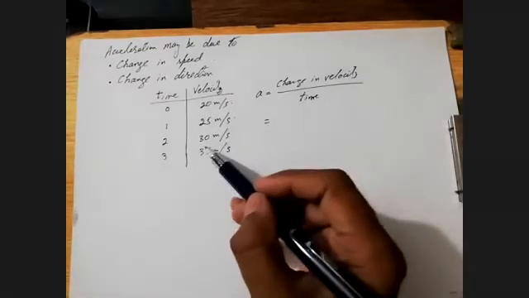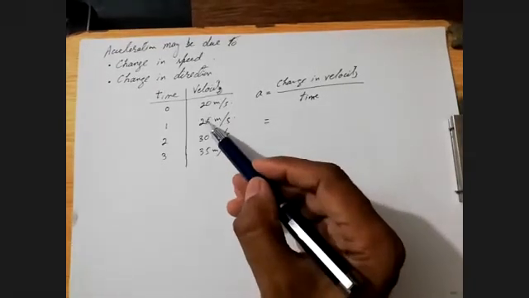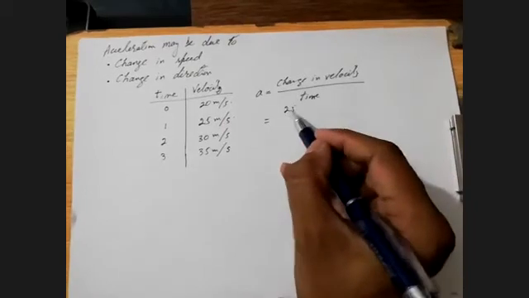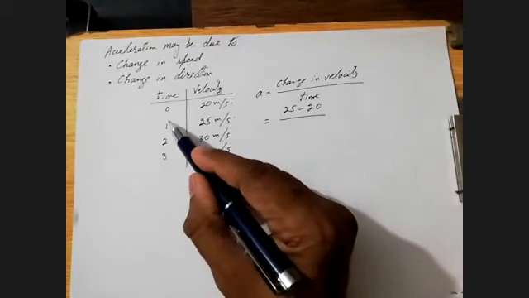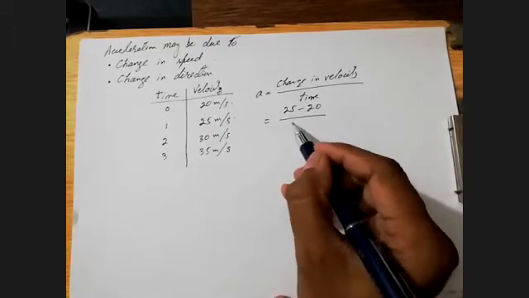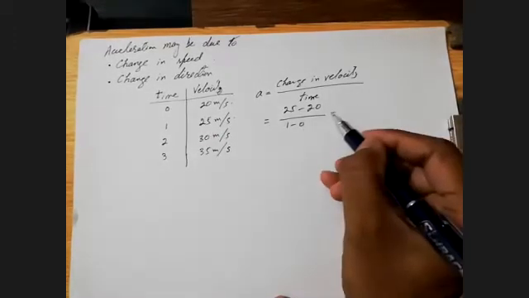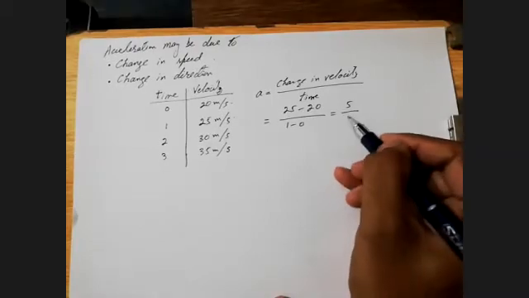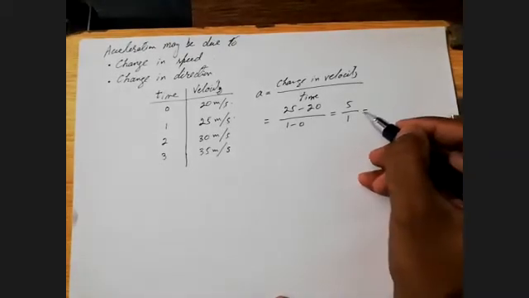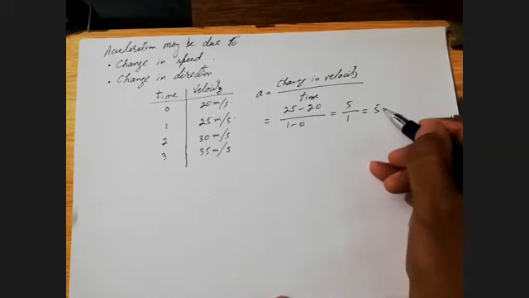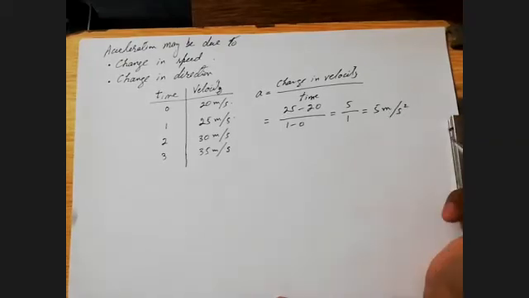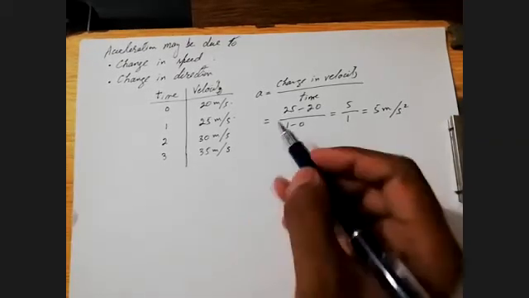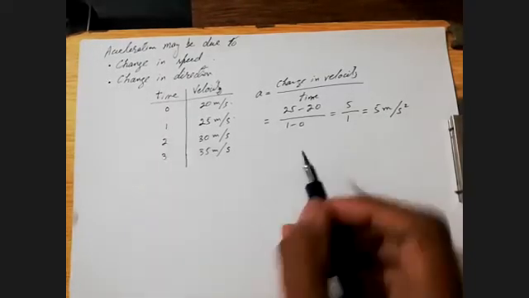Change in velocity. So from 20 to 25, 25 minus 20 over the time interval, which is 1 second, 1 minus 0 is 1 second. 5 over 1. It means your acceleration is 5 meter per second square.